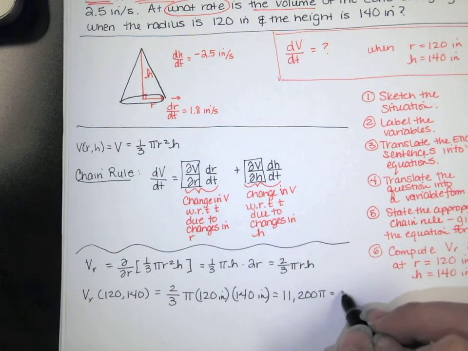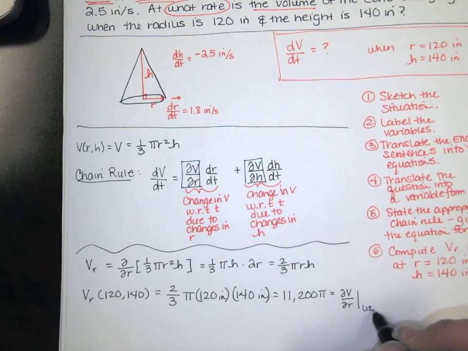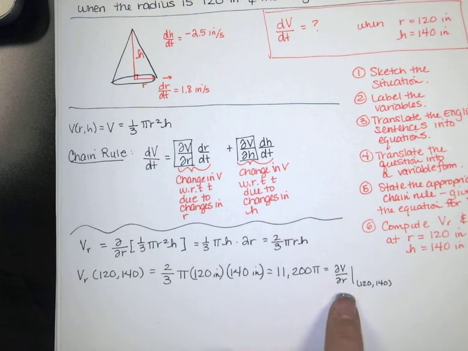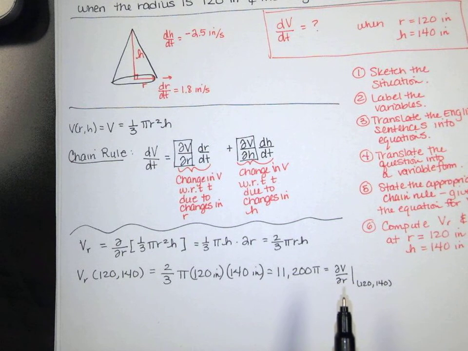Maybe I should write it this way. Change in v with respect to r, evaluated at 120, 140. So the units on this are the units of the numerator divided by the units of the denominator. It's just like slope. It's rate of change, but it's an instantaneous rate of change. At this particular radius and height, the instantaneous change in volume with respect to the radius is 11,200 pi units cubed.